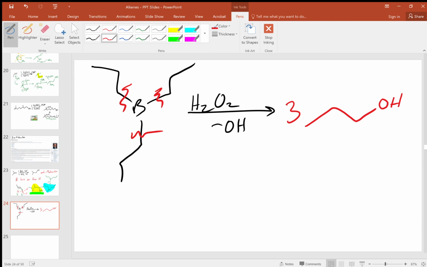So again, hydroboration is another hydration type reaction. It adds water across an alkene. The key difference is that while acid catalyzed hydration and oxymercuration both give us the Markovnikov product, or the more substituted alcohol, hydroboration gives us the opposite, the less substituted alcohol.